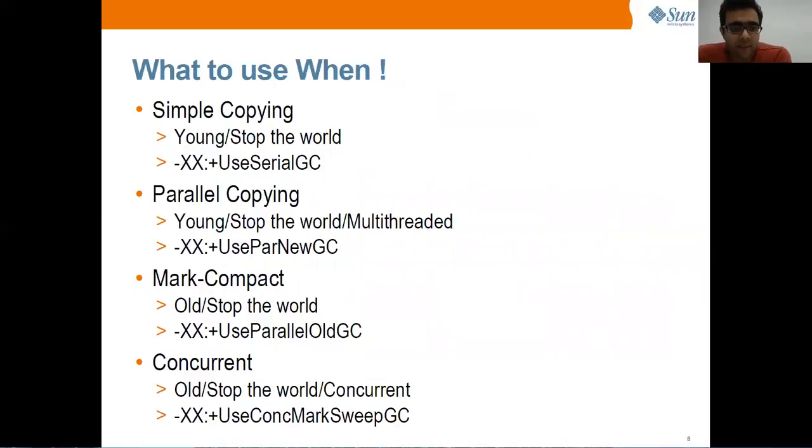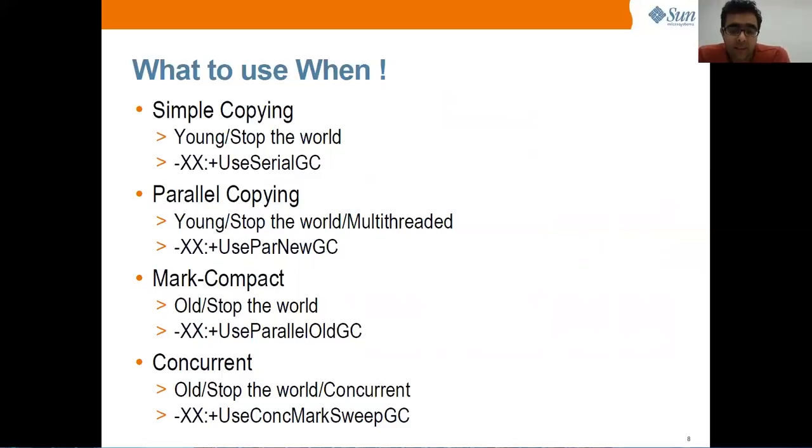These are some of the GC algorithms that we generally use, and let's have a look at what to use when. We have the serial GC. Serial GC is simply copying young, it's stop the world, and you can directly use -XX:+UseSerialGC. Then we have the parallel GC algorithm, which is again stop the world, but it is a multi-threaded GC algorithm.